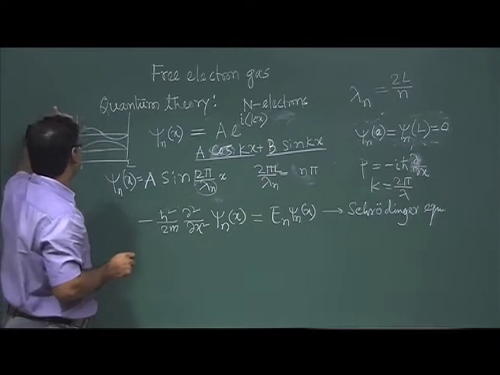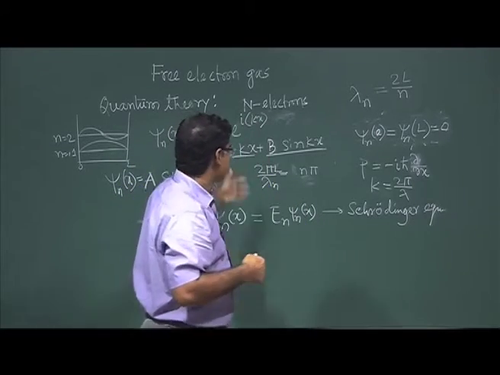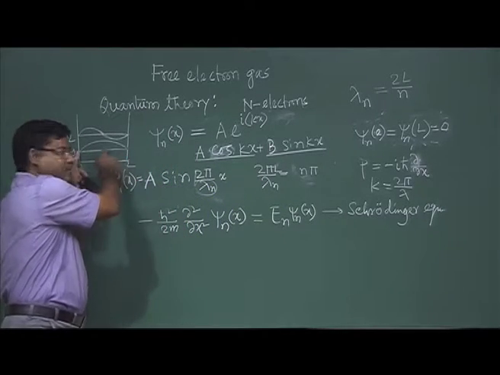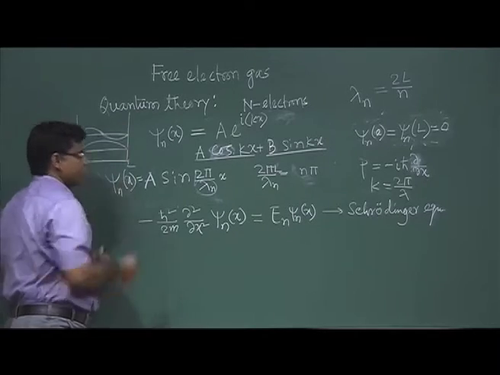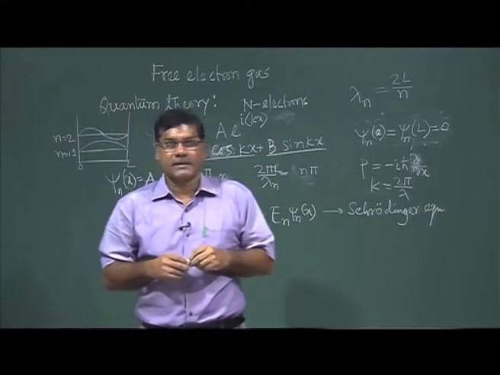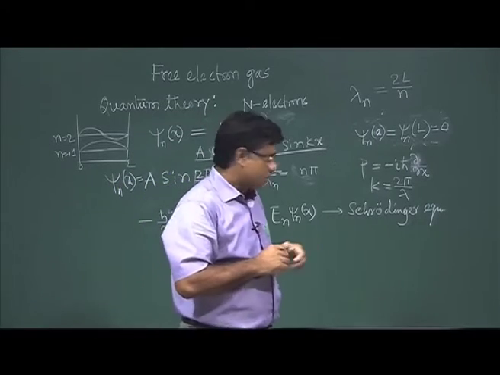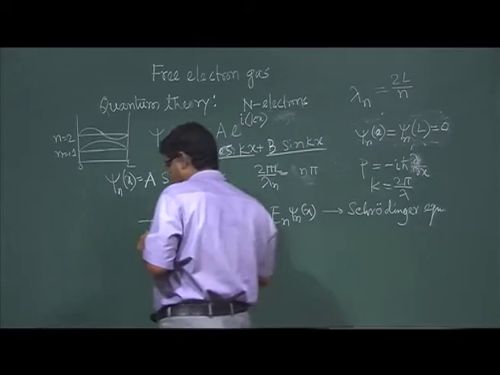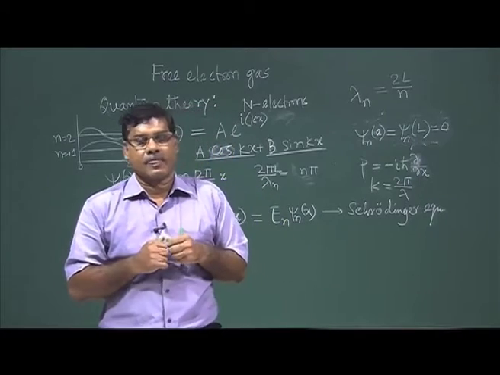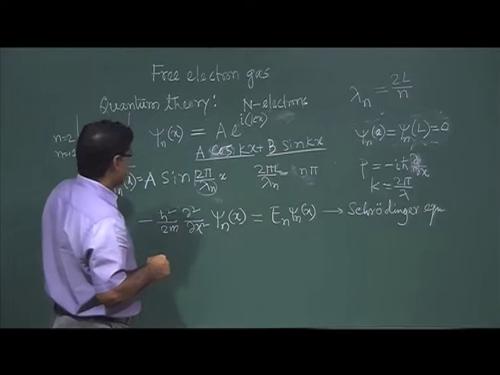Likewise for 3, 4 you can draw, and you will get functions having different wavelengths, and they vanish at the surface of the box. In this case it is one dimension. So what we got: our aim is to find out the proper form of the wave function for our system and the form of the energy E n.